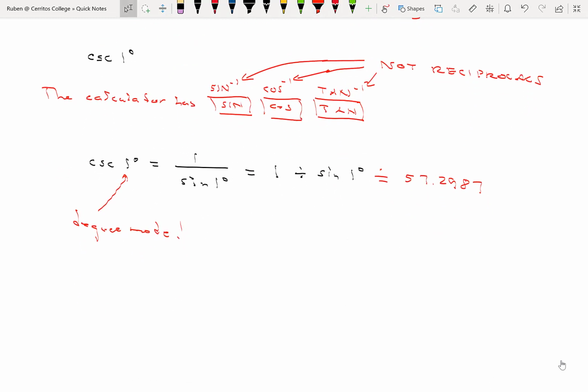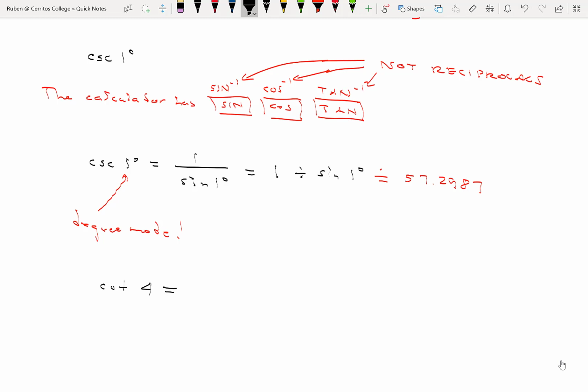Okay. One more example. Suppose I wanted the cotangent of 4. It's very common for students to make a mistake on this. This is not the cotangent of 4 degrees. Why not? Because there's no degree symbol on the 4. This is the cotangent of 4 radians.